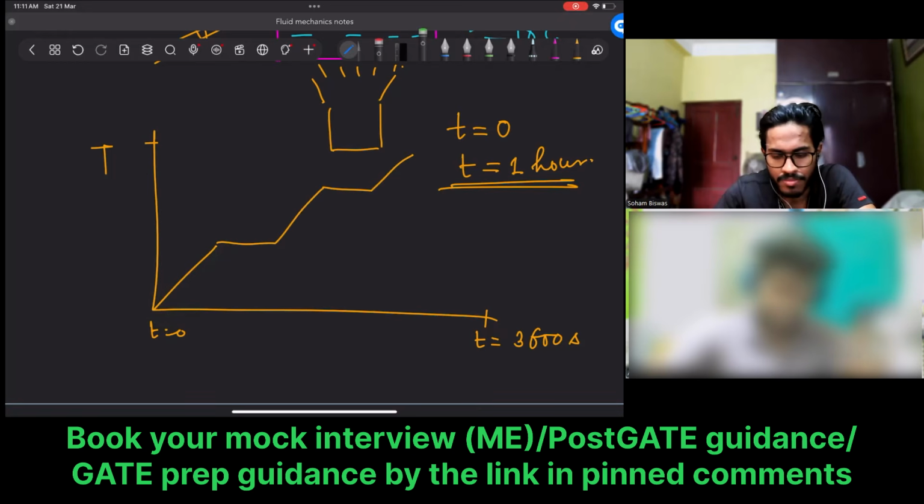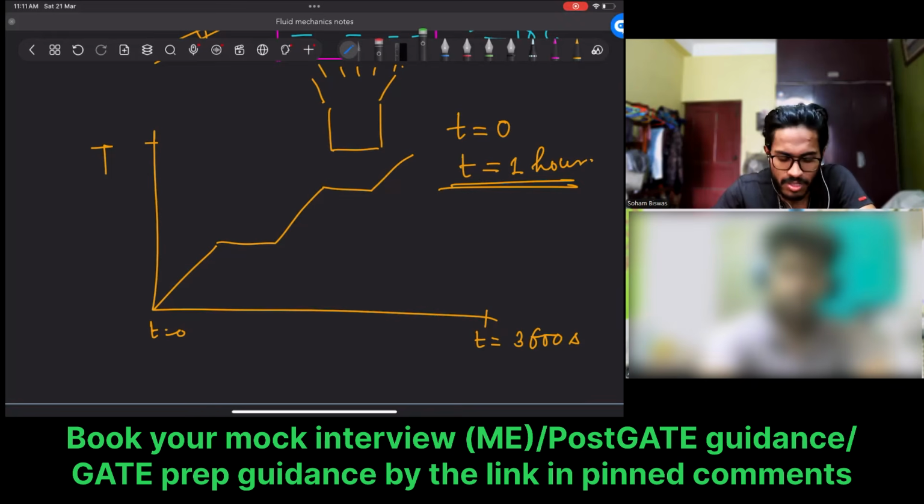Yeah, they will be straight, but for each line the slope will be different. Why will they be straight?